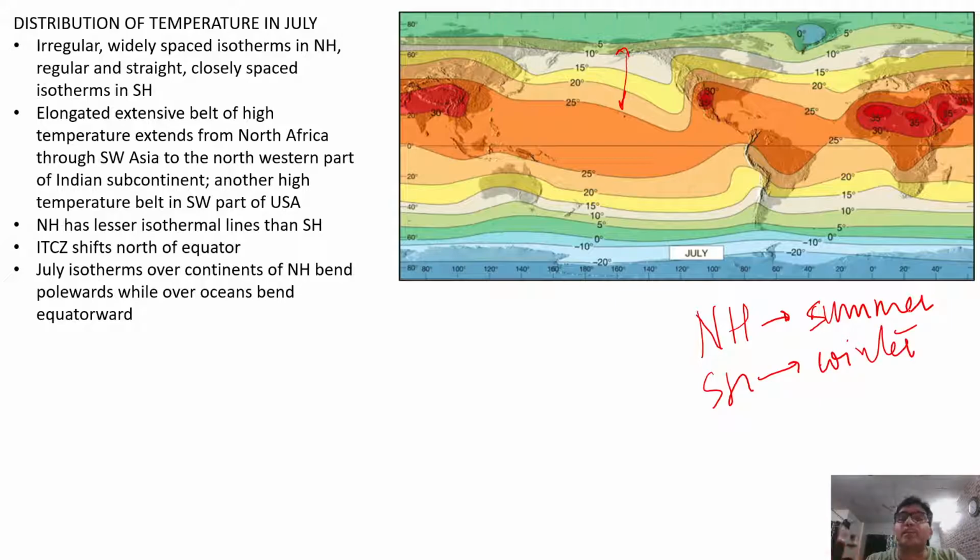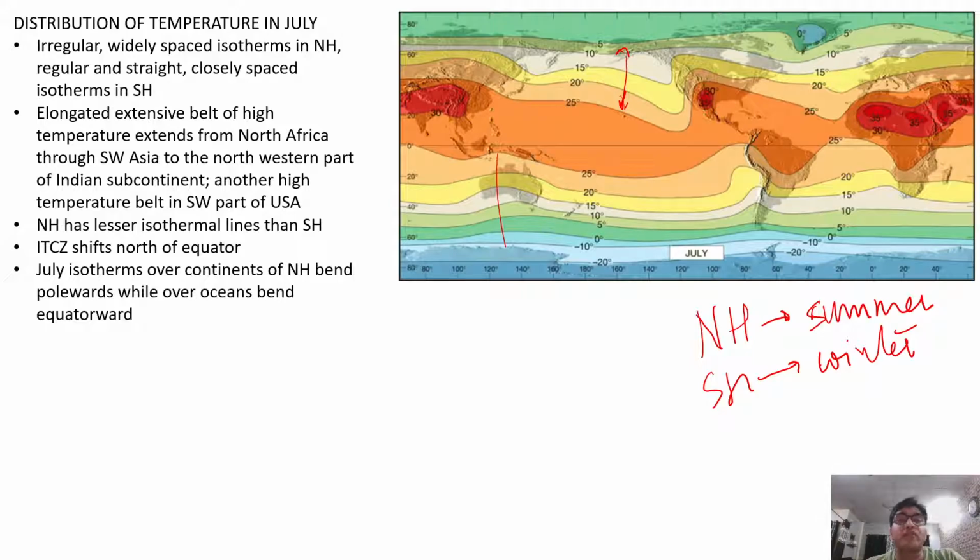So what has happened over here is that the northern hemisphere has a lesser number of isotherms, while southern hemisphere has more number of isotherms. The northern hemisphere isotherms are widely spaced, while southern hemisphere isotherms, they are closely spaced.